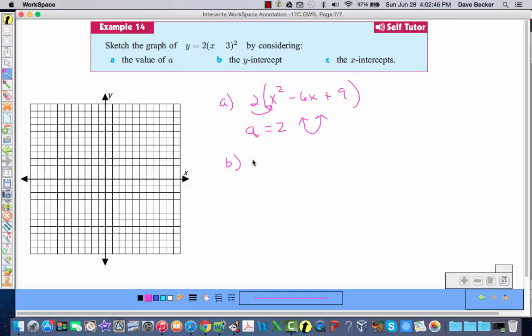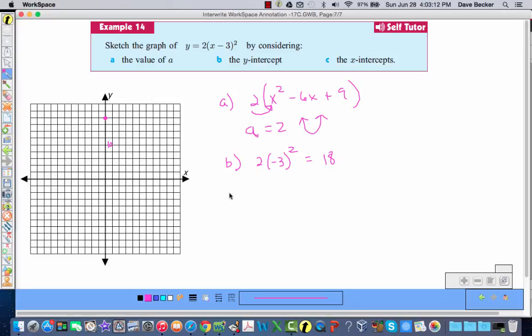My y-intercept, well, if I let x equal 0, I get 2 times -3 squared, right? So that would be equal to 18. So I'm going to have to make each of these guys worth 2 here to be able to get the y-intercept. So 2, 4, 6, 8, 10, 12, 14, 16, 18. So there's my y-intercept.